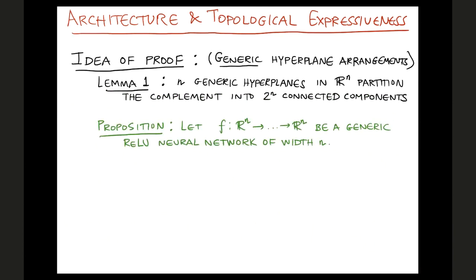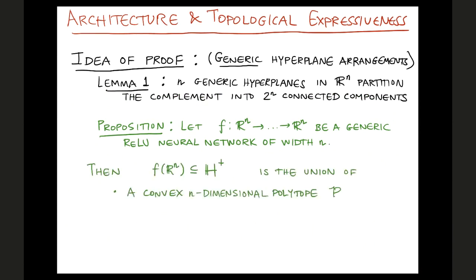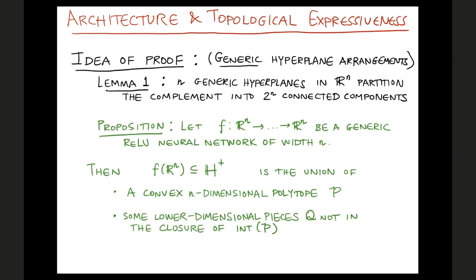Now, if you have a generic ReLU neural network of width n, you can prove by induction that the image of the domain is going to look like basically a convex n-dimensional polytope plus some lower dimensional stuff.